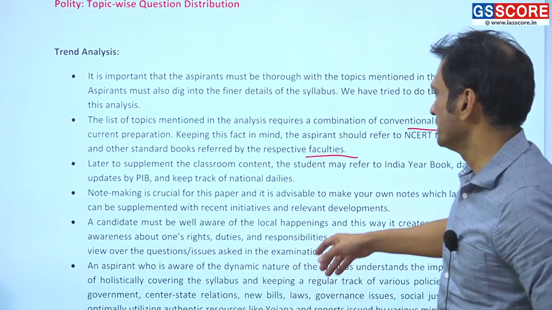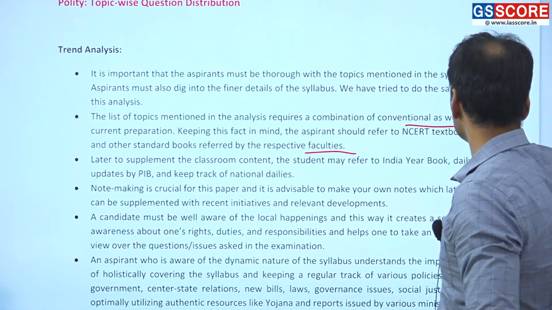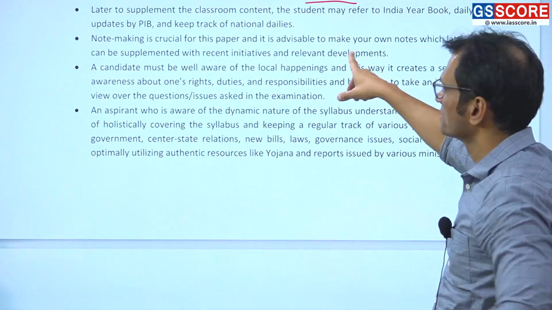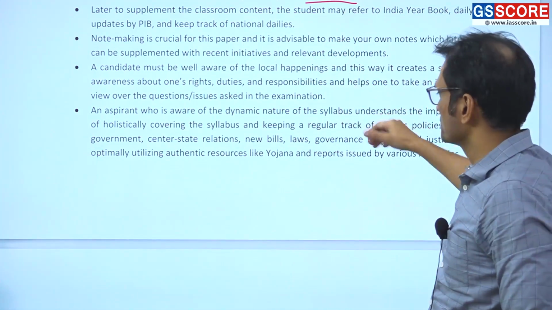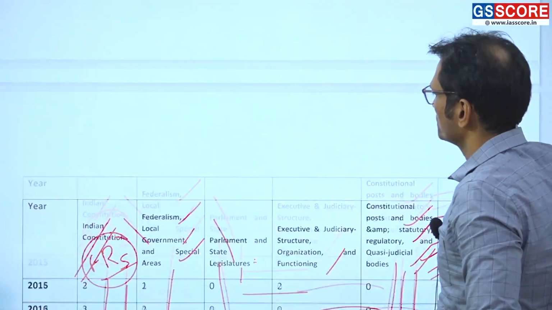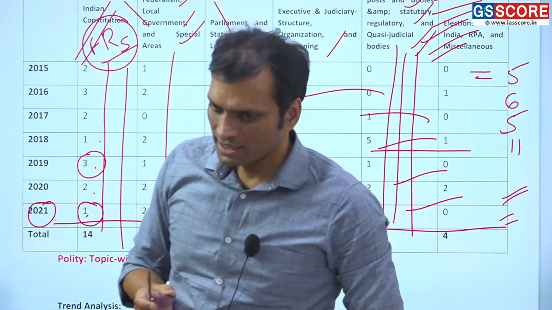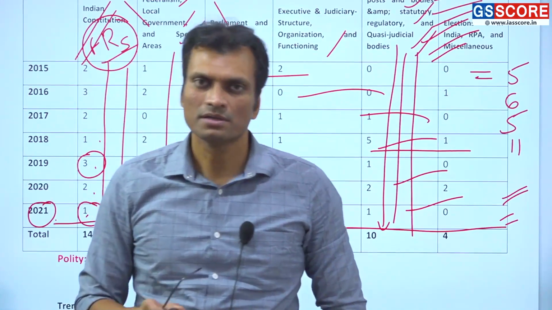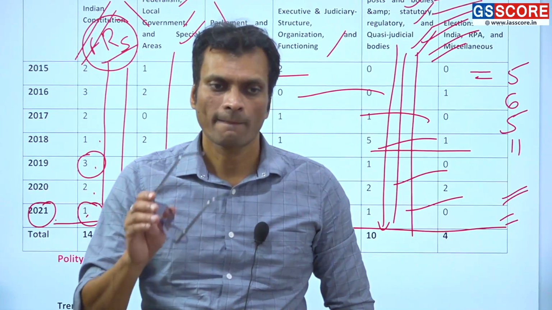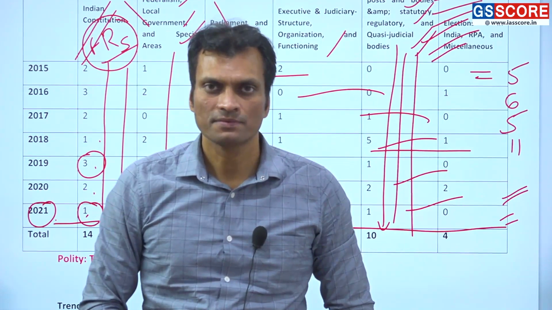So later the supplement, classroom content and all those things will always be there. Note making is crucial. An aspirant who is aware of the dynamics should always be talking about this, right? So the trend analysis is about understanding the Constitution in the right perspective.